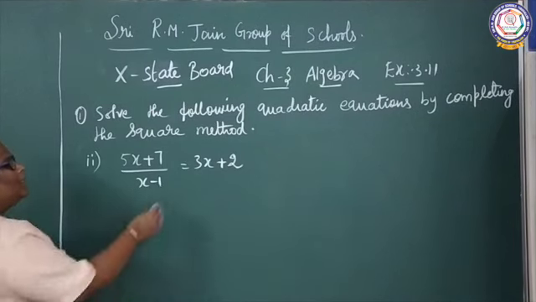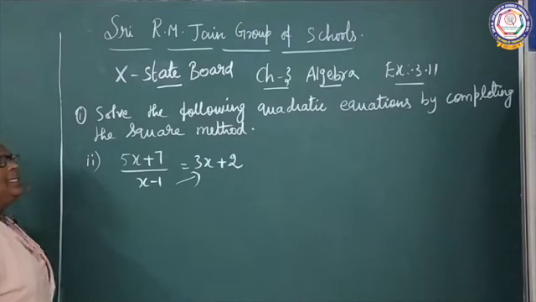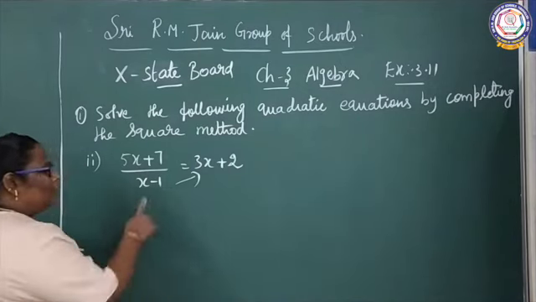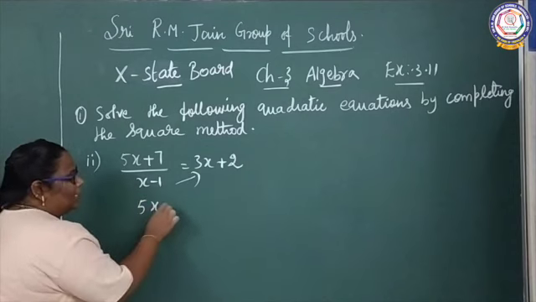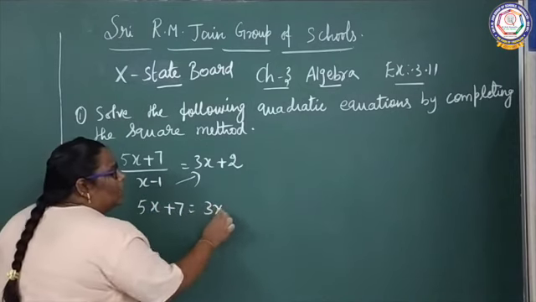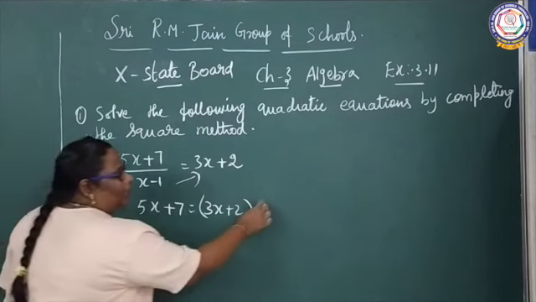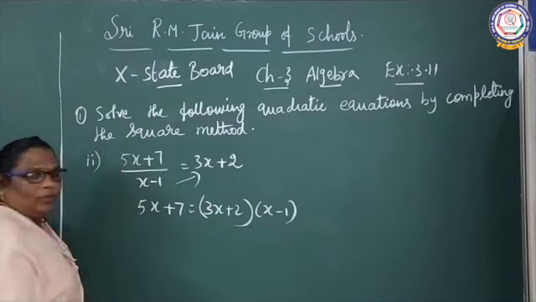See the second subdivision. 5x plus 7 by x minus 1 equal to 3x plus 2. So, you can cross multiply. 5x plus 7 equal to 3x plus 2 into x minus 1.